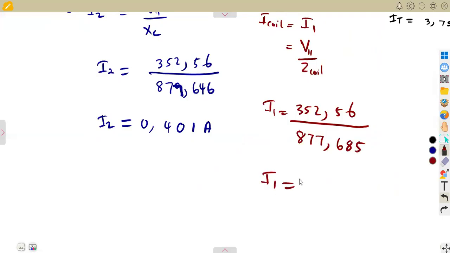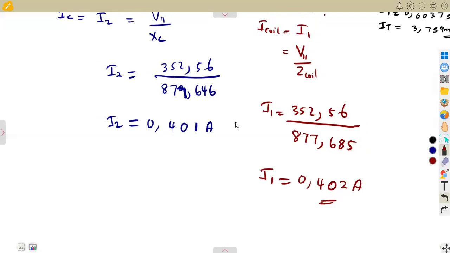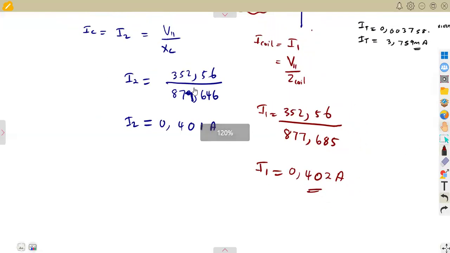If you were to divide 352.56 by the value that you obtain, which is actually similar to the one that we had before, that is going to be something like 0.40167, which is 102 amps. This is just one and the same thing. So in an exam condition, there is no need for you to have this on its own.